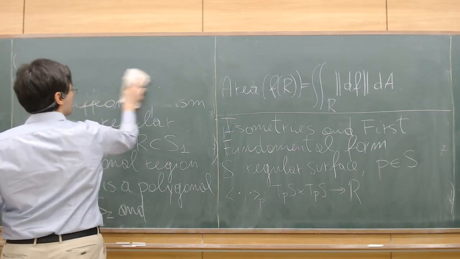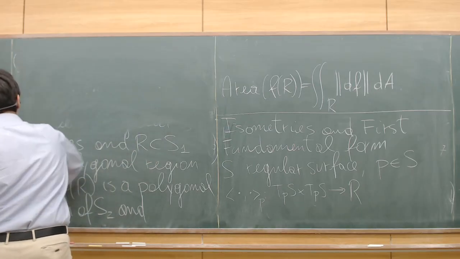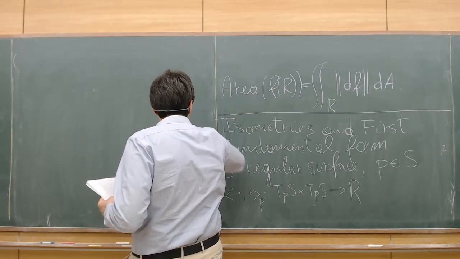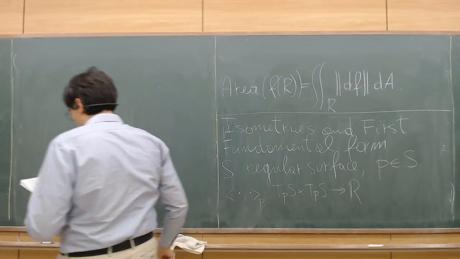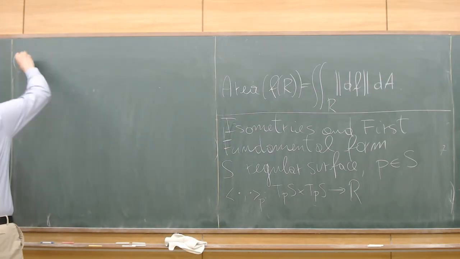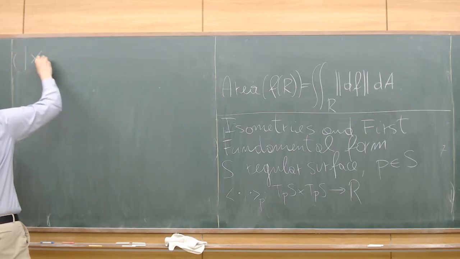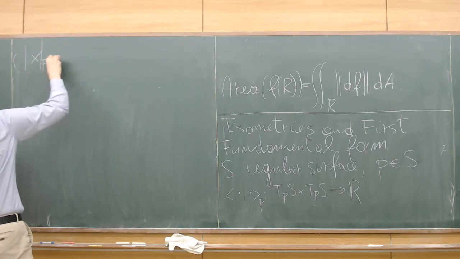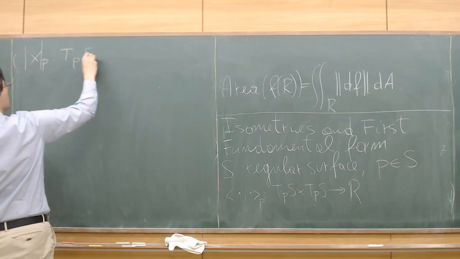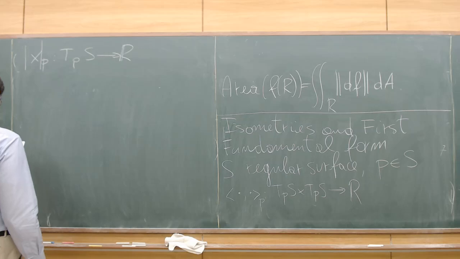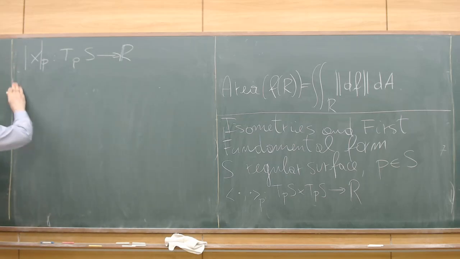Similarly, I will write this way, and this is the restriction of the norm of vectors to TPS.